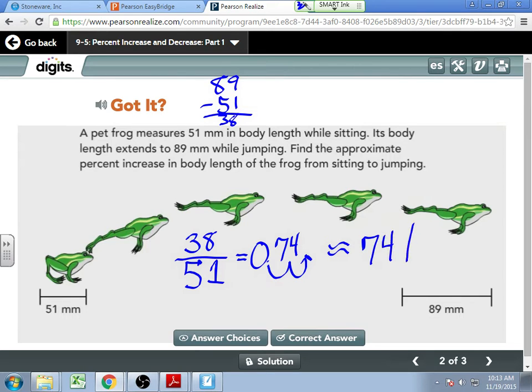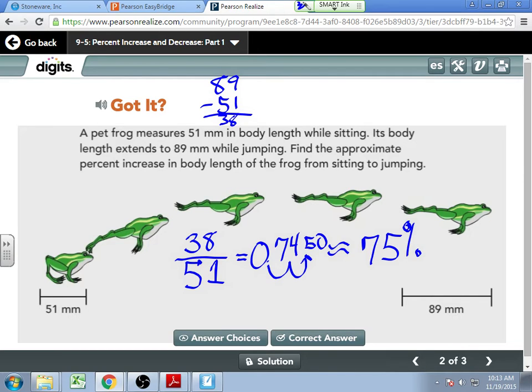Wait, but should we round it? What was the other stuff? It was 0.5098. So there's a 5 right after the 4? Yes. So if we're rounding, we'd be better to round to 75. The problem is the number after the 4 in 38 divided by 51.